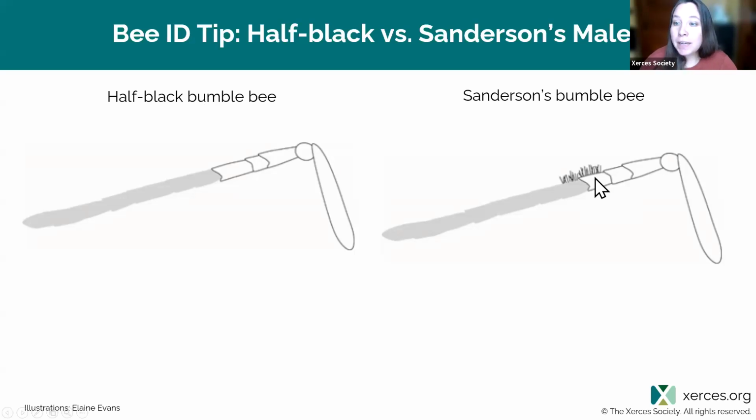For Sanderson's bumblebee, it's about 1.5 times as long as it is wide. So not a ton of difference there, but you need to measure that segment of the flagellum or look to see if there are hairs on the underside of the antenna on those first 3 segments. If there are hairs, then that is the cue that you have Sanderson's bumblebee. If there are no hairs, then you have a half-black bumblebee.